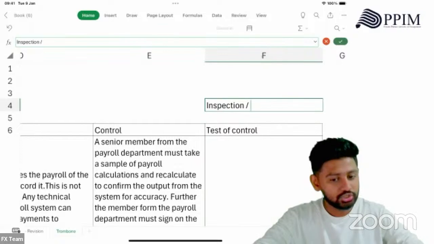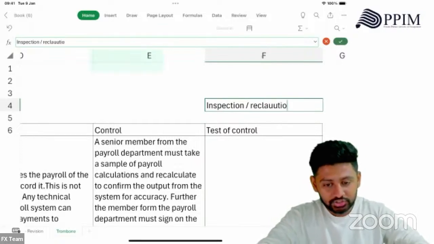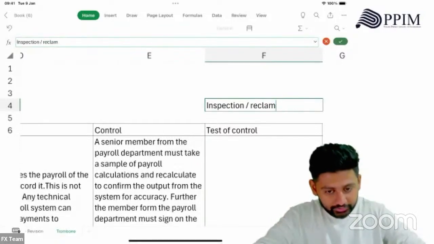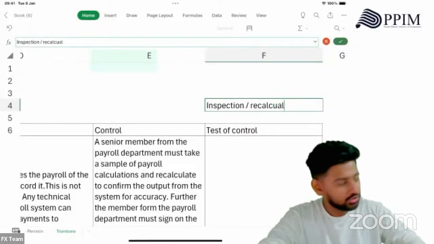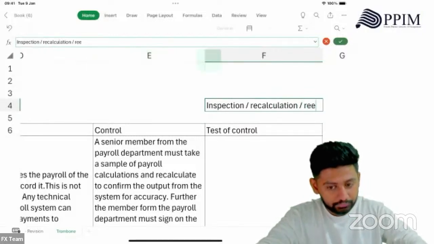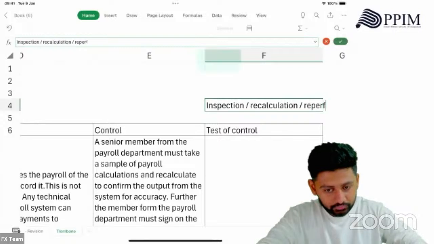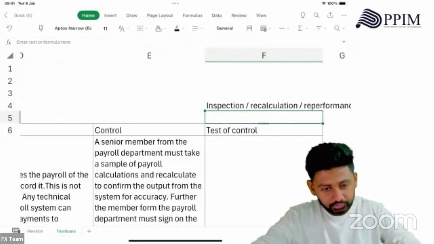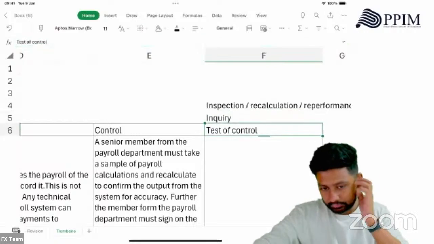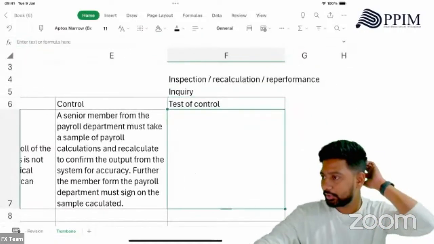You are trying to inspect the payroll records, the sample of payroll records. So inspection, recalculation, like I told you earlier, recalculation, re-performance, inquiry, all those will come into play.